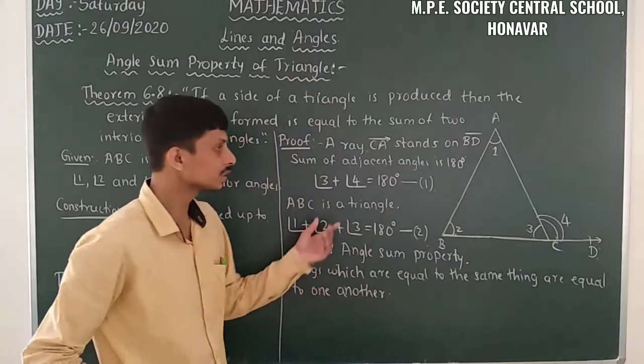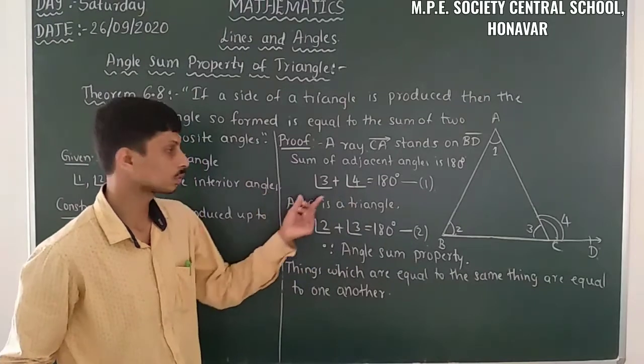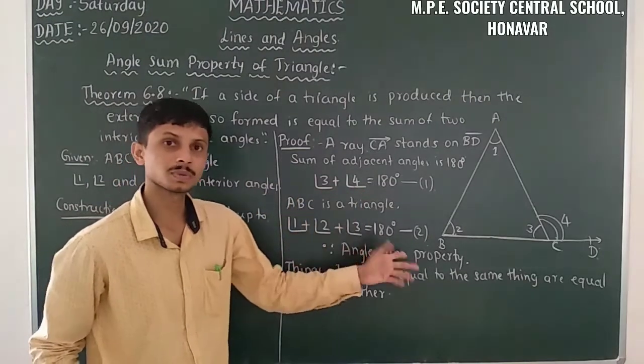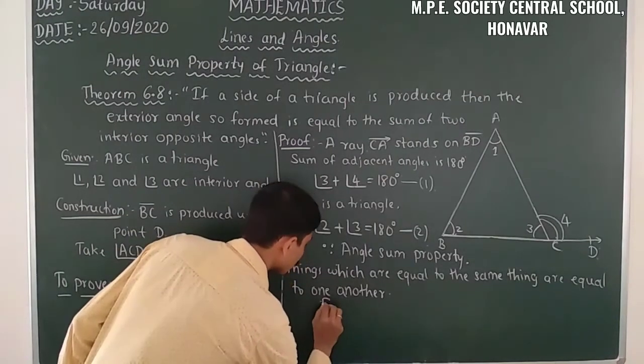So from equations 1 and 2, 1 plus 2 plus 3 is equal to 3 plus 4.